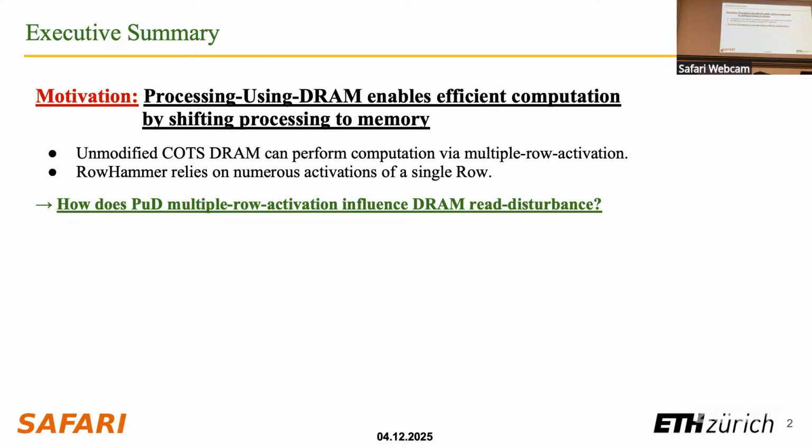But RowHammer, as you saw before, requires us opening and closing a row in quick succession to induce some read disturbances in neighboring rows. So the question is, if we have processing using DRAM, and it uses multiple row activation in quick succession or simultaneously, how does this influence our DRAM read disturbances? So basically, we're using processing using DRAM to hammer the rows.